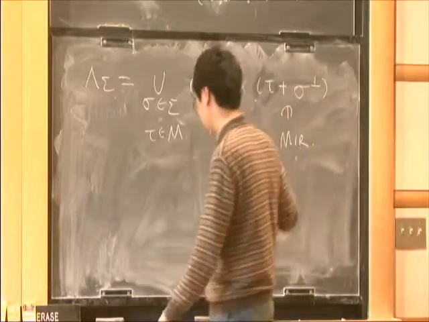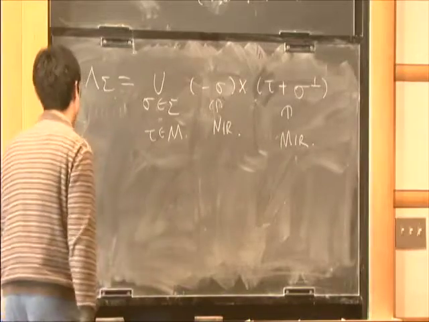If we multiply them together, we have an n-dimensional conical Lagrangian.